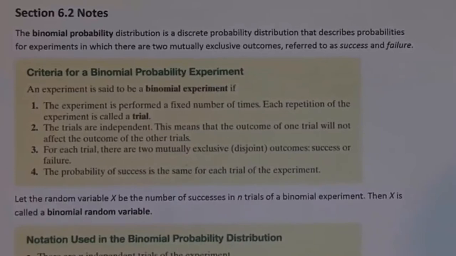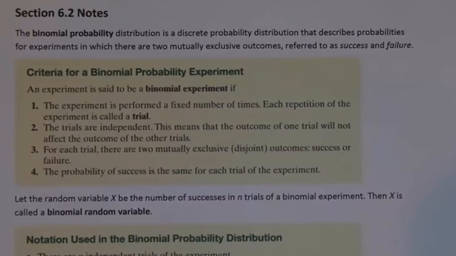In that experiment, the basketball player is shooting free throws, right? When the basketball player shoots the free throws, there's two possible outcomes. They make the shot or they miss the shot. Two outcomes, so it's binomial there.